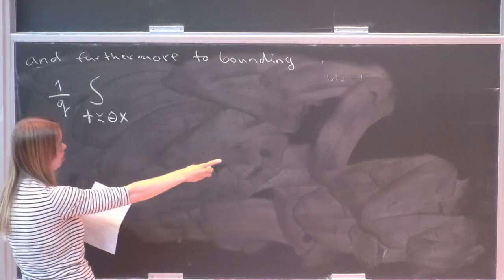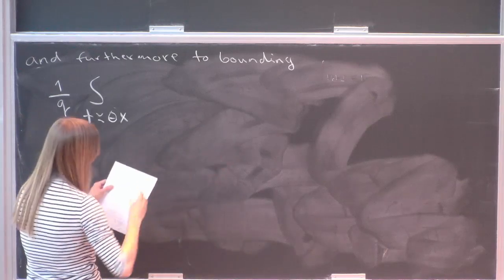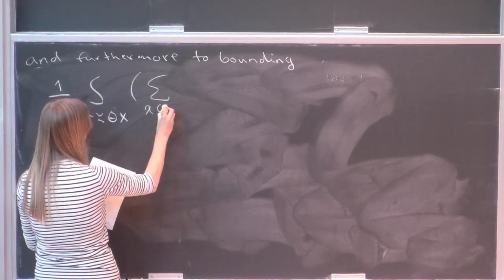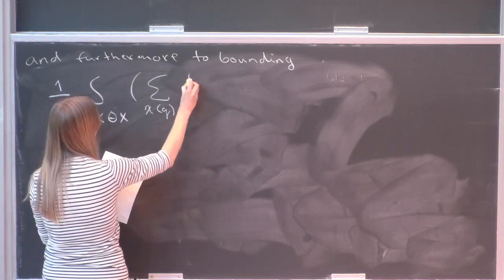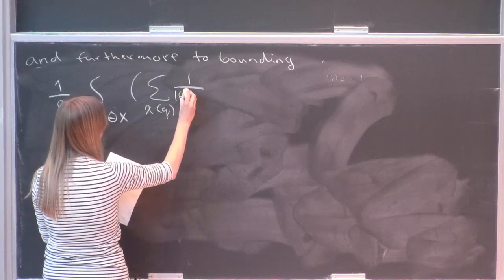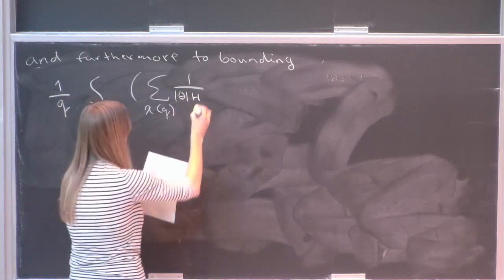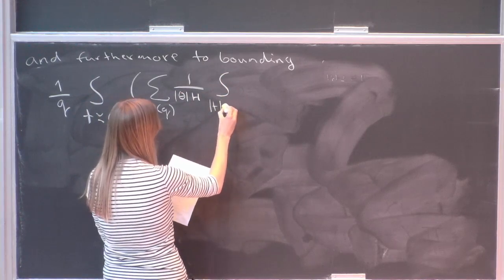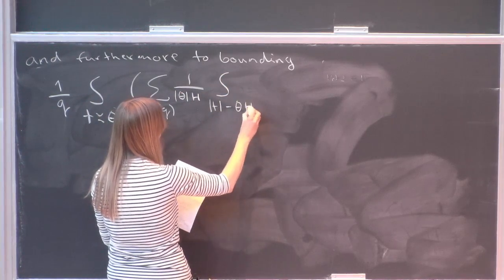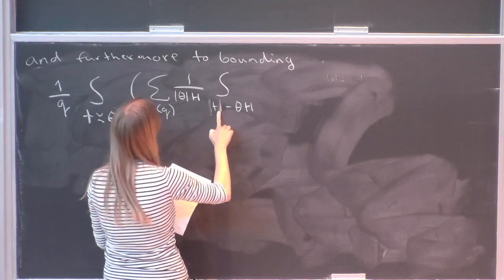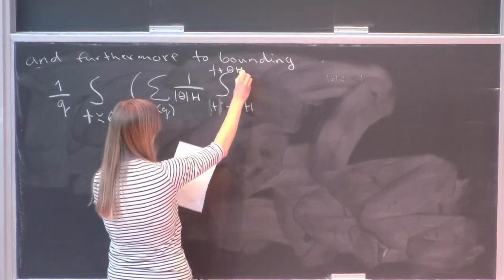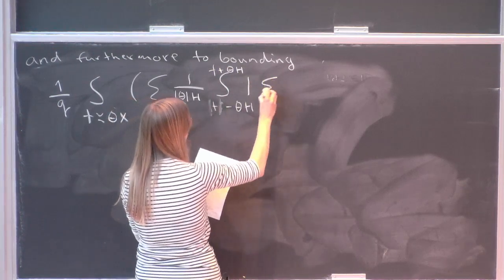The theta is this, alpha is a over q plus theta, and the sum over psi mod q of 1 over theta h times the integral from t minus theta h to t plus theta h of the corresponding Dirichlet polynomial.